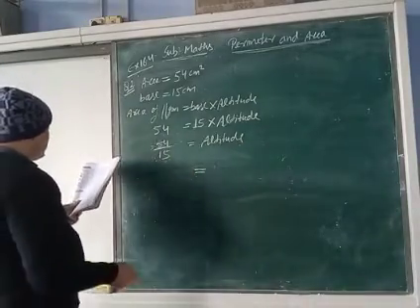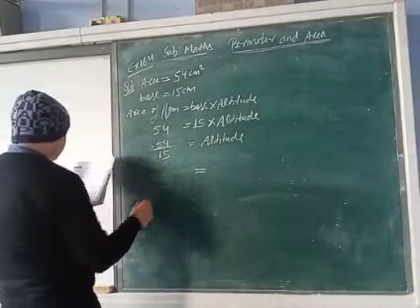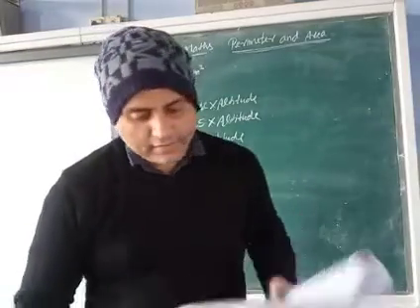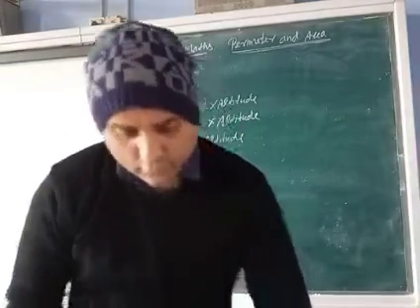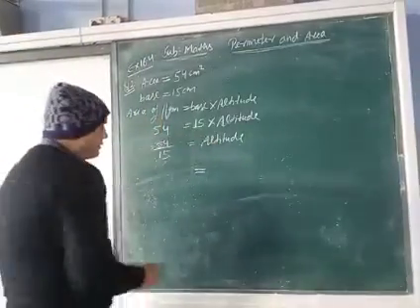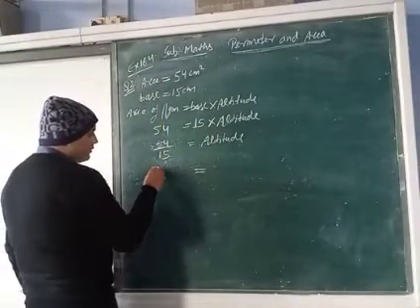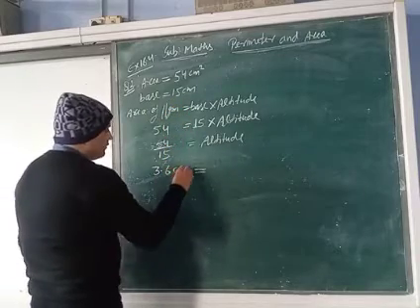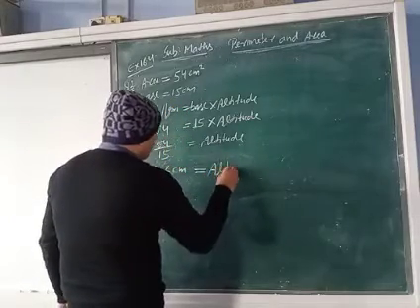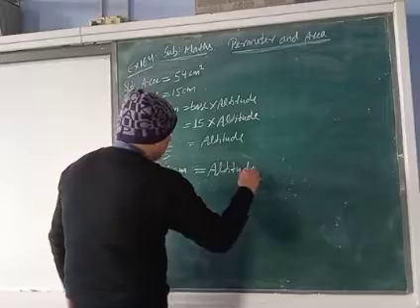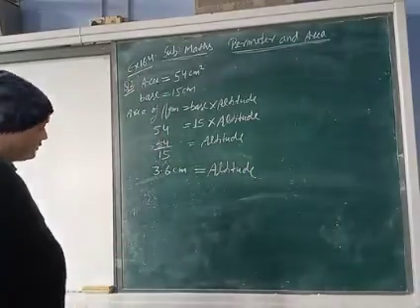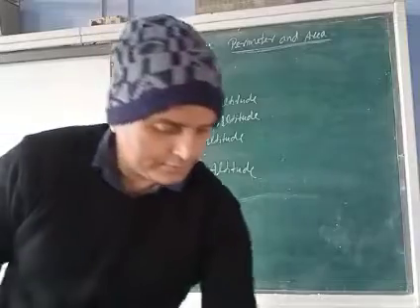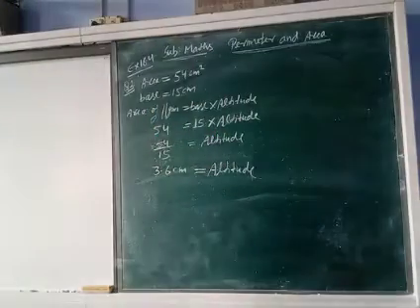When you divide 54 by 15, the answer is 3.6 centimeter. So what is the altitude? Altitude is 3.6 centimeter. So now write down.